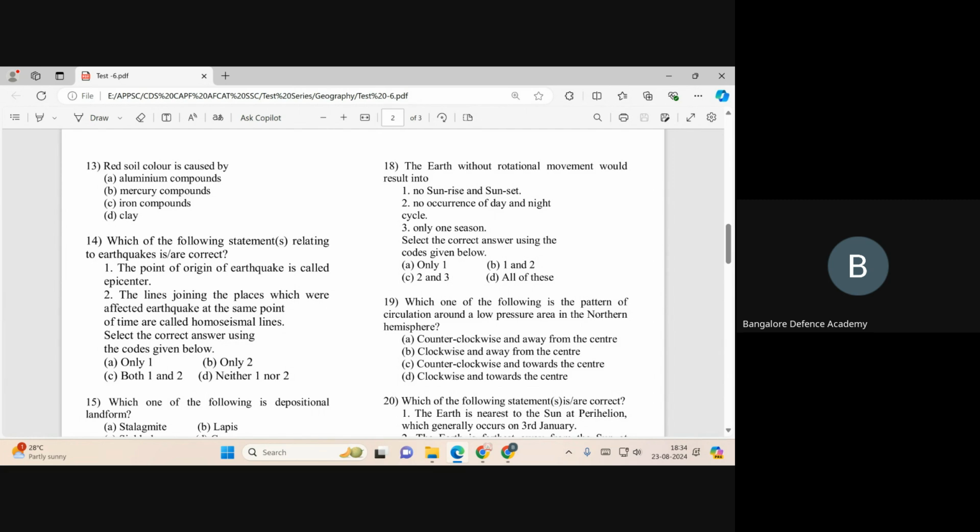Only 3. Understand? If revolution is not there but rotation is there, you can have sunrise and sunset, and you will have day and night. But will you have a season? No, because revolution is not there. Only one season will be there, even though inclination is there and rotation is also there. Clear?